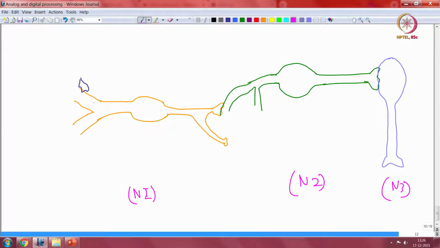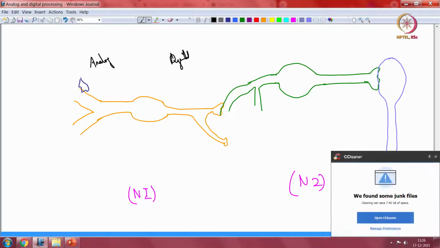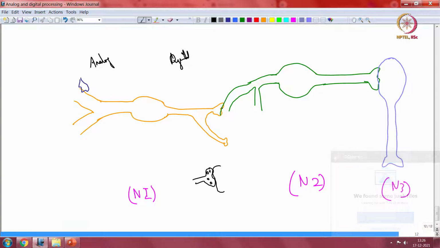We look at the signal transmission from one side to the other side. So, this is analog, that we have discussed so far. This is so-called digital, and what actually happens over here is the synapse, and it produces these vesicles. Now, vesicles are one method of amplification.